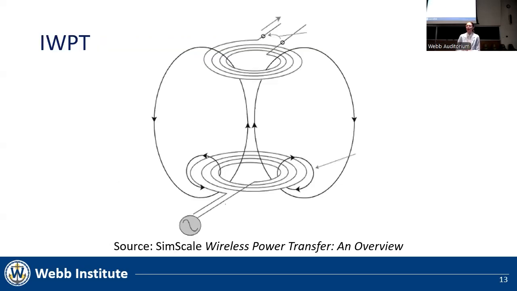HRWPT is often explained by comparing it to IWPT. Thus, let us discuss IWPT through wireless phone charging. So, this is my phone, which we will call the device. And this is Michael Copy's wireless phone charger, which we will call the source. To charge the device or the receiving coil, power is transferred to it through the fluctuations of the transmitting source coil's magnetic field.